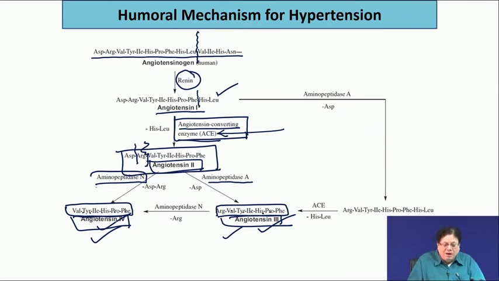Okay. Now, let us see what type of enzyme this ACE is. ACE takes out the dipeptide from the C terminus. Now, if something is hydrolyzing from the C terminus, that is called carboxypeptidase.